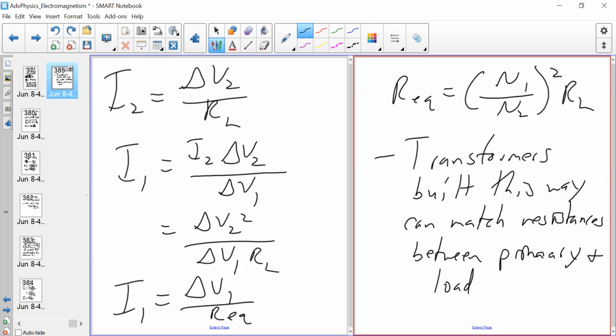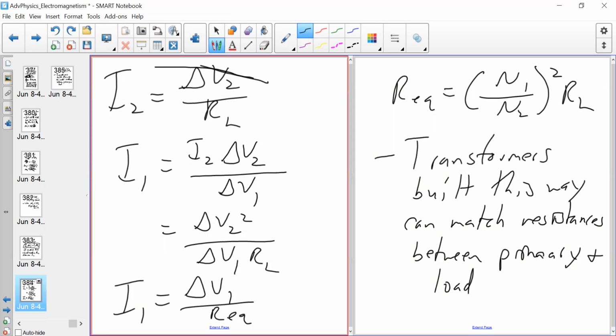As we saw right here, it's a function of the secondary coil, that's the current over there, and this equivalent resistance is a matching between primary and load, which is basically relative to the secondary.